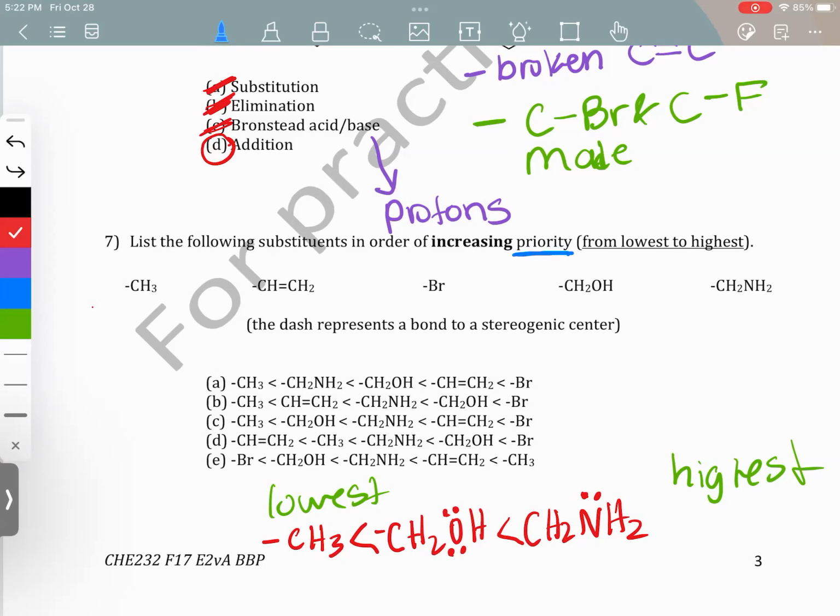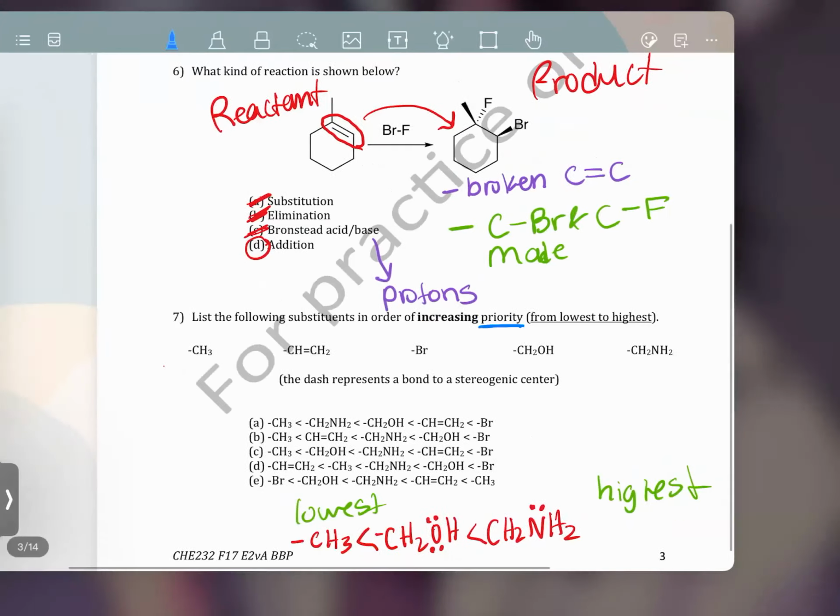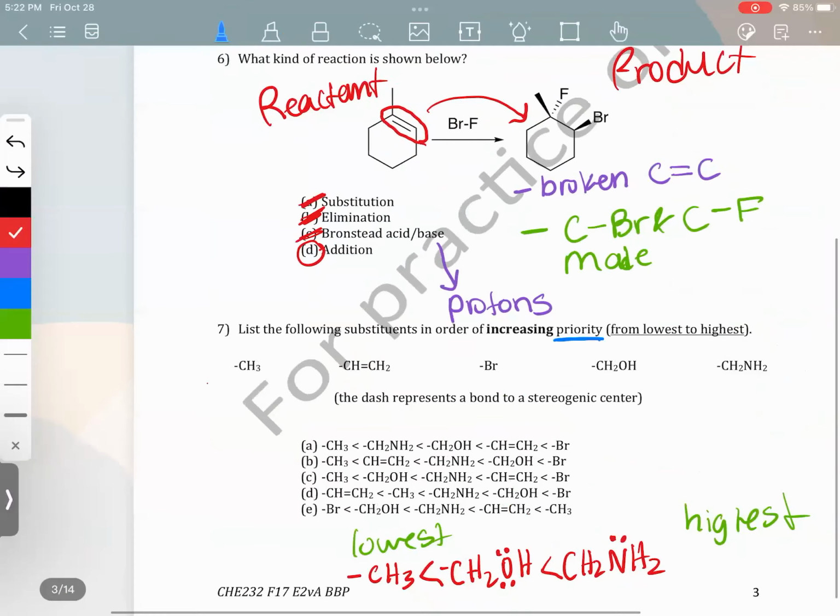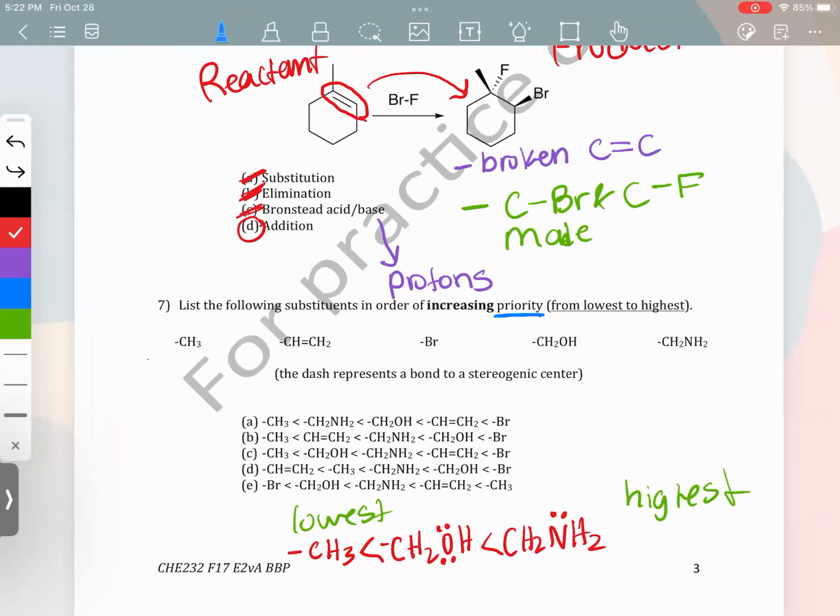Any questions on that? If this was an NH3, it would have been flipped because then the oxygen is more electronegative. So after this comes the carbon-carbon double bonds because it's very reactive.